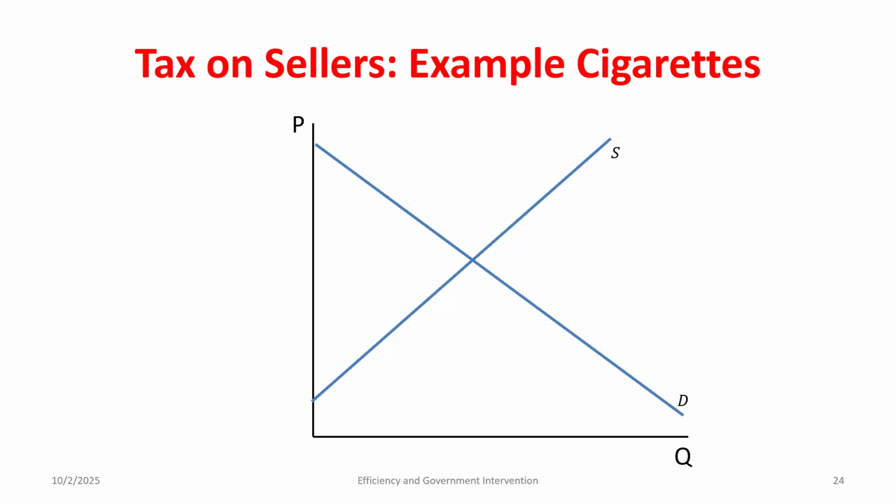If there's a $10 tax on every unit, and 100 units is the quantity we see after the tax, how much money is going to the government? 100 times 10, or $1,000. So this area in the middle represents our tax revenue, or sometimes we just call it government revenue. We now have a third party involved.